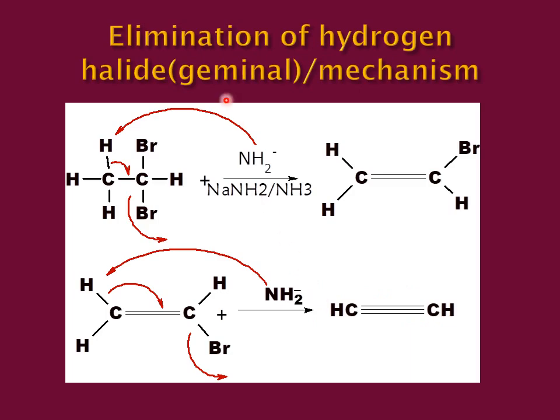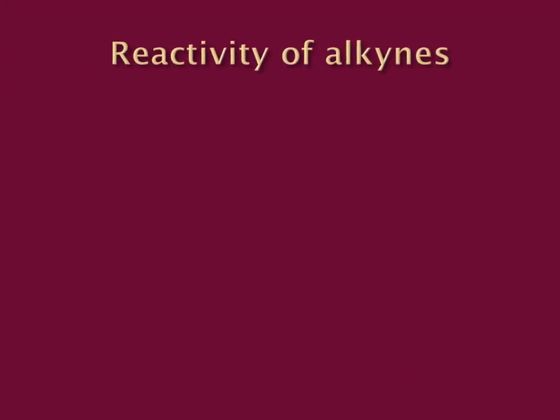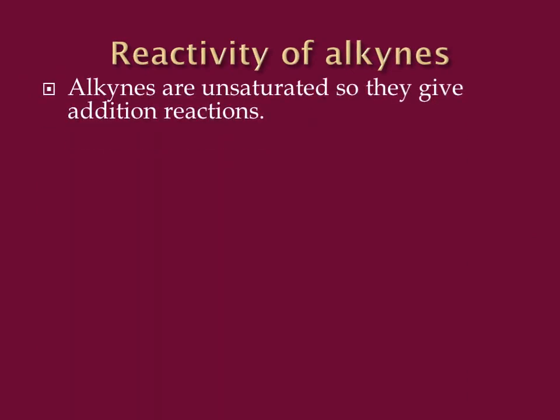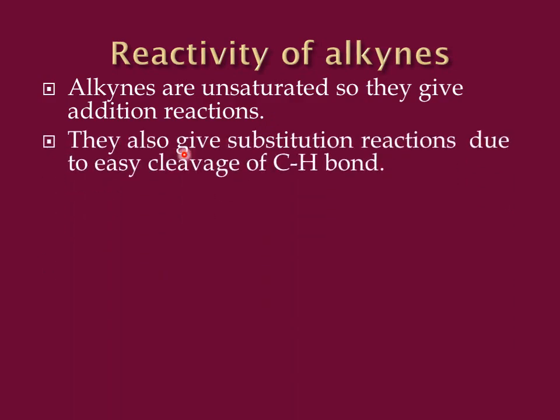Now students, after studying the methods for the preparation of alkynes, let us look at the reactivity of alkynes. Alkynes are unsaturated hydrocarbons, so they can give addition reactions in order to convert into saturated hydrocarbons. They also give substitution reactions due to the easy cleavage of the CH bond.